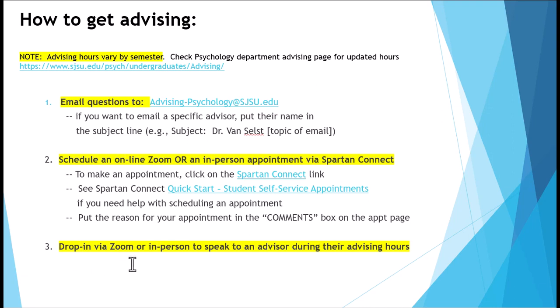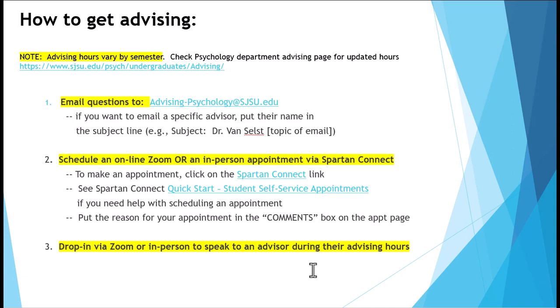Now, the third way to meet with an advisor is to drop in during their Zoom advising hours or during their in-person drop-in hours. The thing with the drop-in hours is that you don't have to make an appointment. You just drop in.